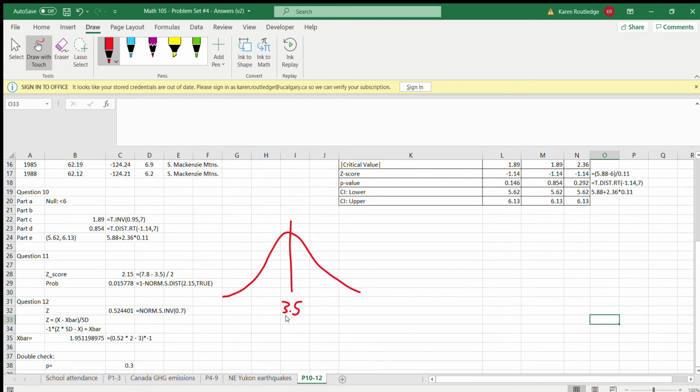We have a long-term mean that still goes in the middle, but we are comparing it to an observation, a single earthquake that has a magnitude of 7.8. Because we are dealing with an observation and asking for a probability based on an observation, this distribution needs to be of observations.